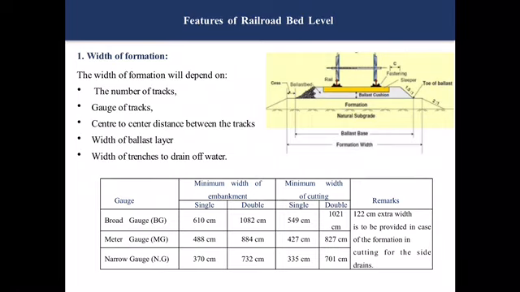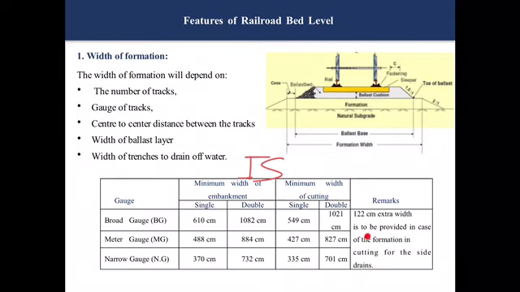We also have IS recommendations for the width of the formation level. It depends on the type of gauge adopted, whether the formation is on embankment or in cutting, and the category, whether you are constructing a single track or a double track. You can see here that as the number of tracks increases, the width of the formation increases.